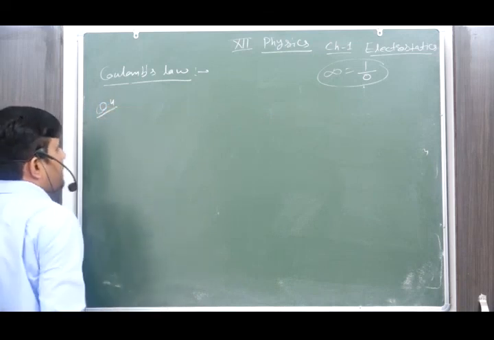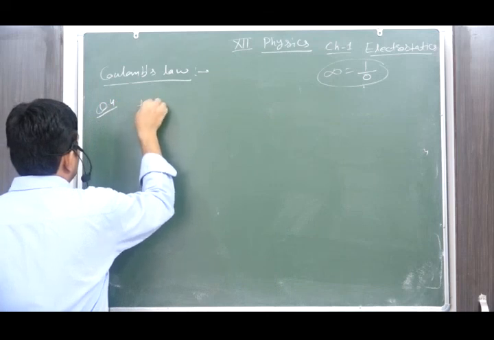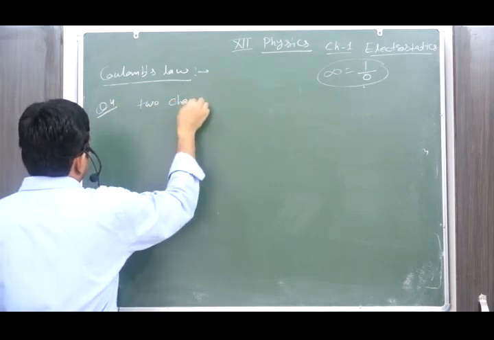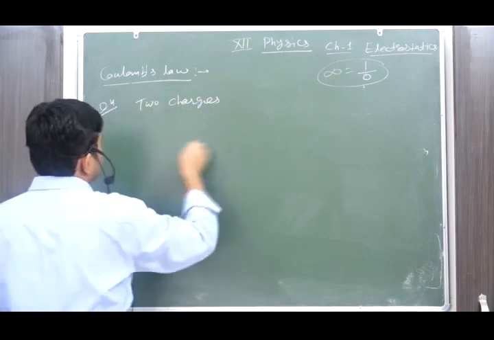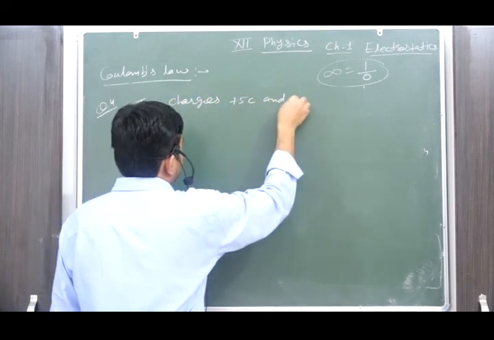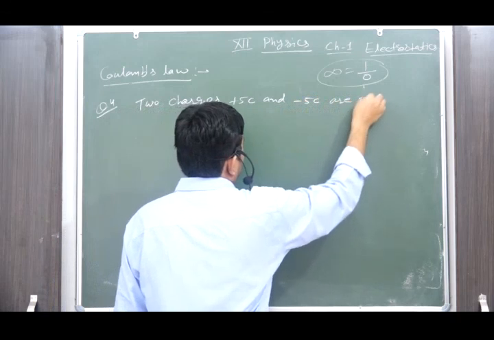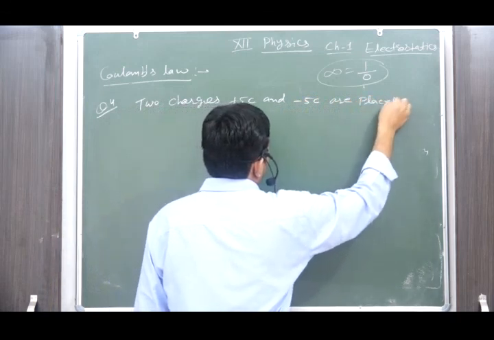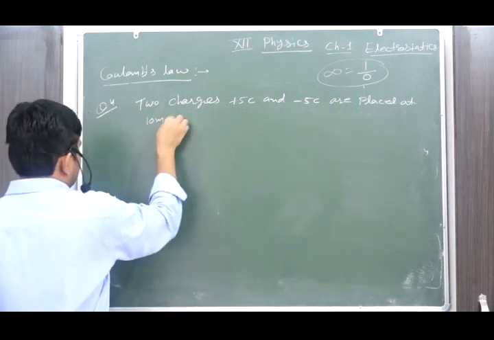Next question number 4. Two charges, plus 5 coulomb and minus 5 coulomb, are placed at 10 meter distance.